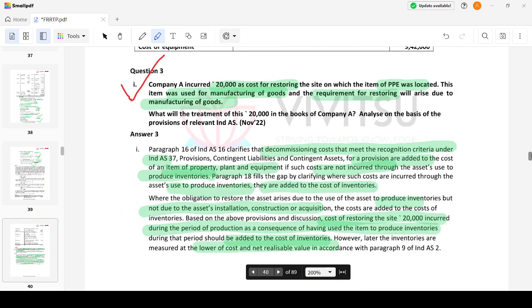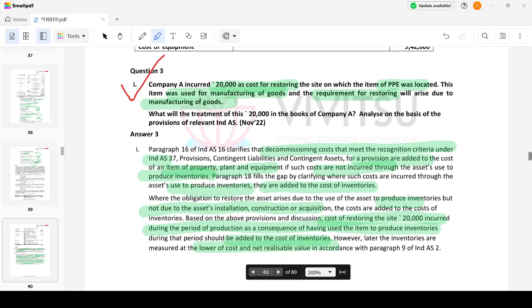Generally, decommissioning cost with respect to a land comes in line with NDAS 16, read with NDAS 37. But there is an exception. If the decommissioning cost involves the use of a land or property, plant, and equipment which is used in the production of inventories, then such decommissioning cost will be added to the cost of producing the inventory.